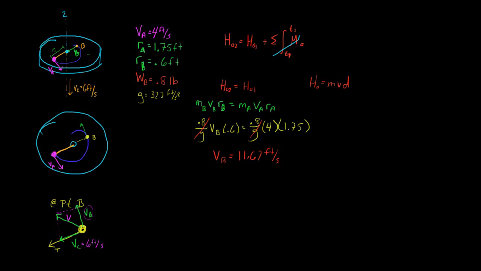So in order to solve for our final velocity, the final velocity is just going to be the magnitude, the square root of VB squared plus VC squared. And this velocity is going to be equal to the square root of 11.67 squared plus 6 squared. And this is equal to a final velocity of 13.1 feet per second.